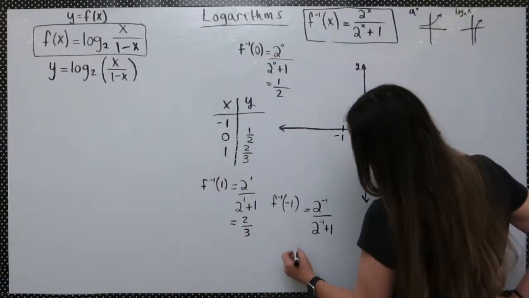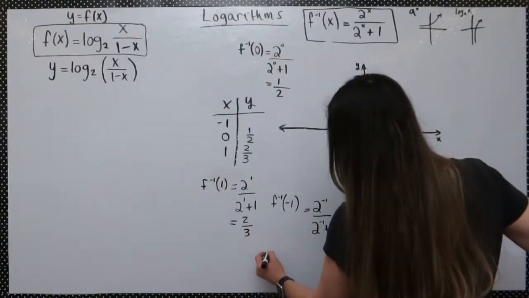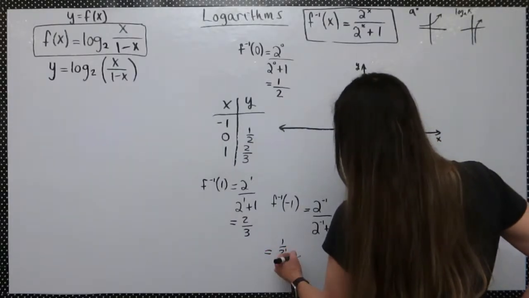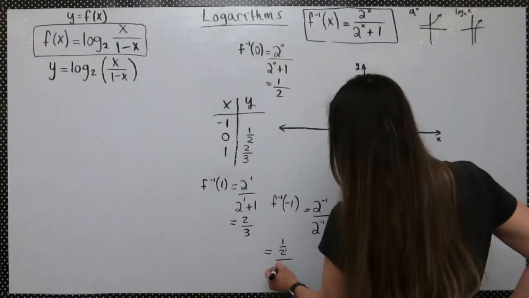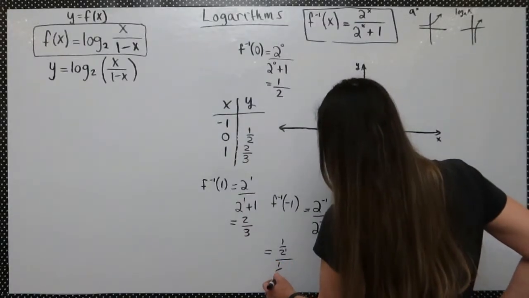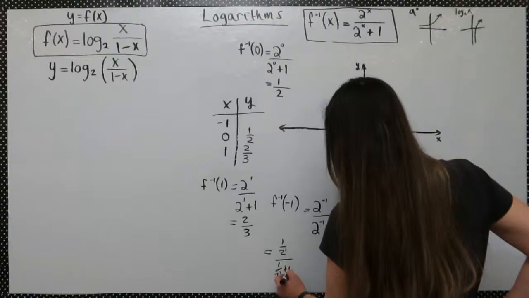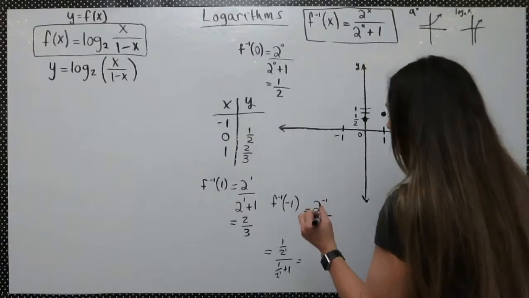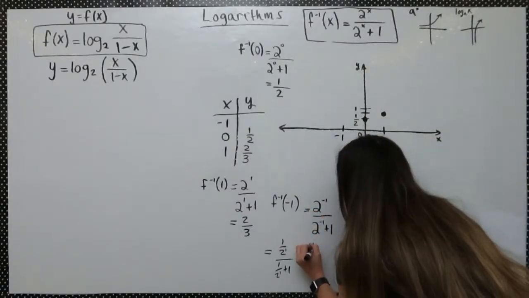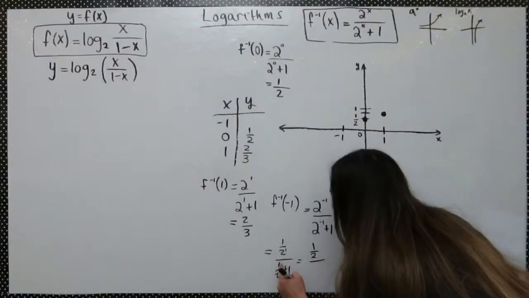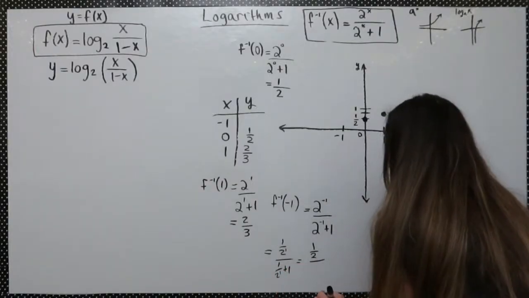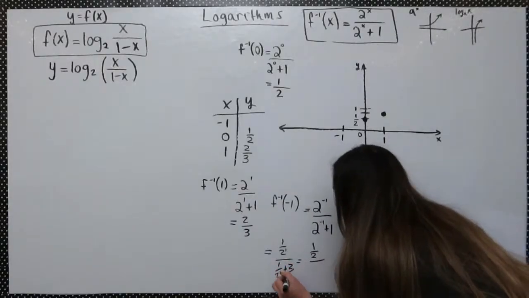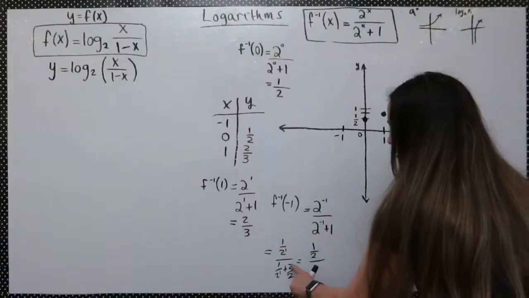I believe this is going to be 1/2, or 1/2 to the first power, divided by 1/2 to the first power plus 1. And I'm writing upside down now. I don't know why I picked this spot, but I did. So 1/2 divided by 1/2 plus 1. So that's 2/2, and anything divided by itself is equal to 1. So that's 3/2.